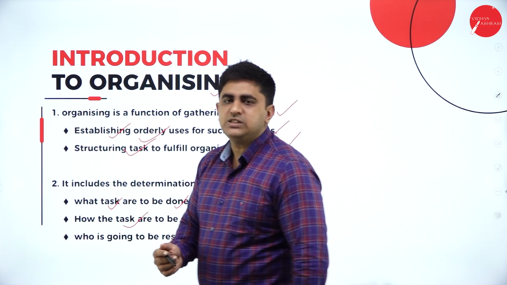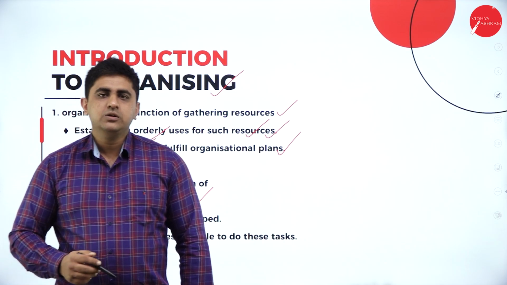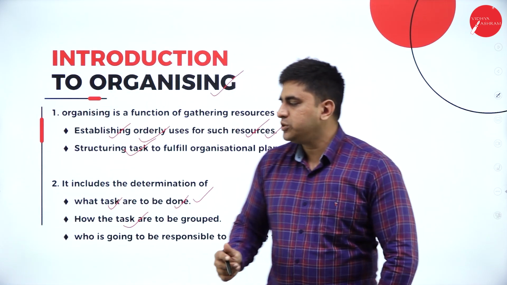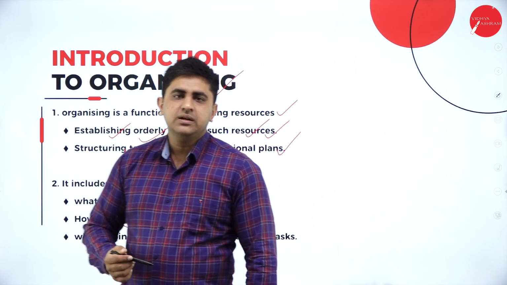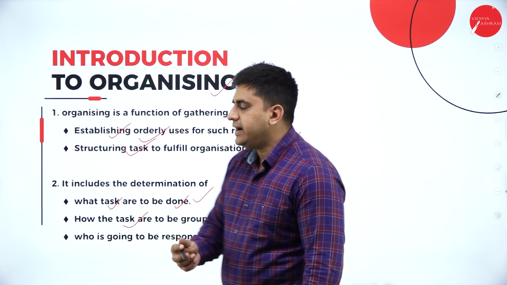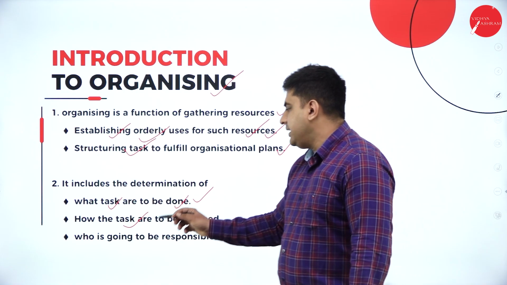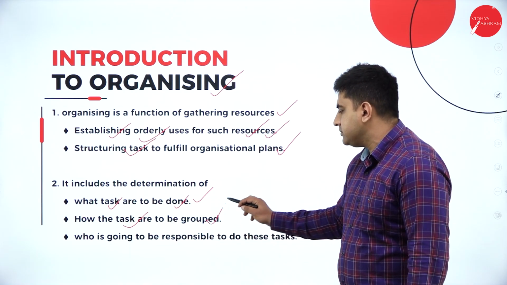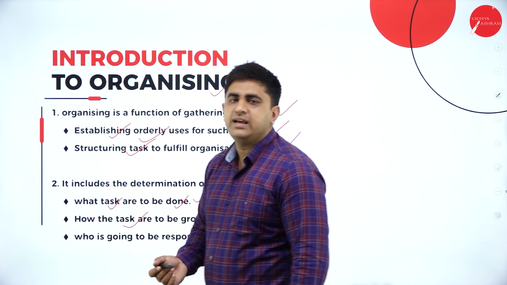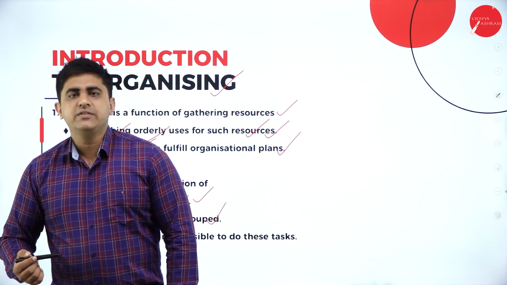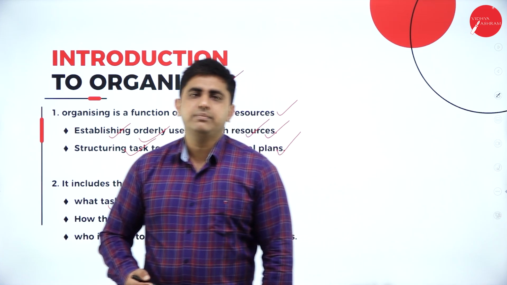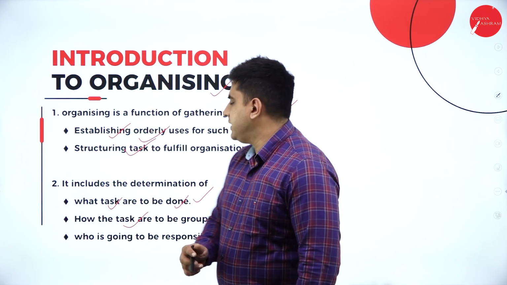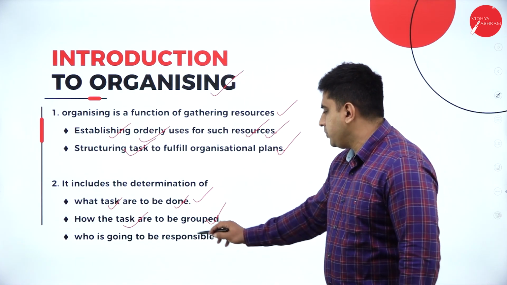Just making departments will not be enough. You should also decide how the task has to be done, and you should give certain knowledge to the workers working in different departments regarding how the task has to be done and how the task has to be grouped. For example, as I've already explained, you have to group finance activities in the finance department, marketing activities in the marketing department, and your production activities in the production department, that is grouped.